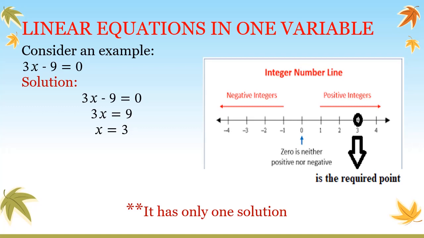So x equals plus 3. If we want to locate this x equals 3 on the number line, then 3 lies to the right of origin 0, right? As shown in the figure, 3 is the required point.